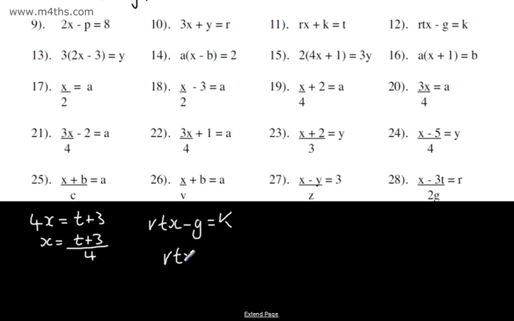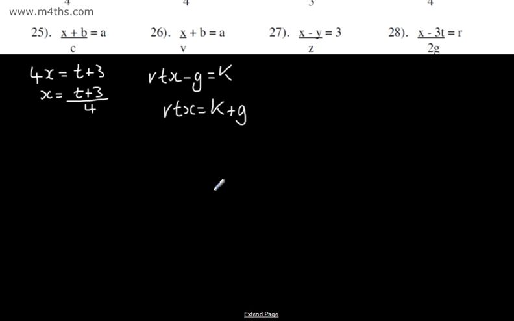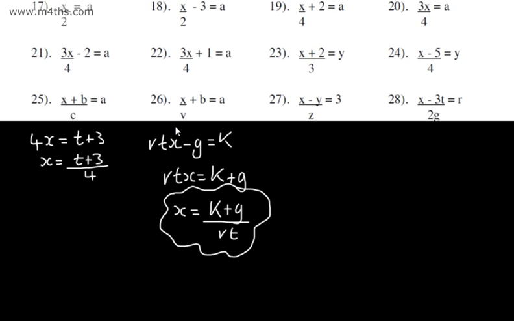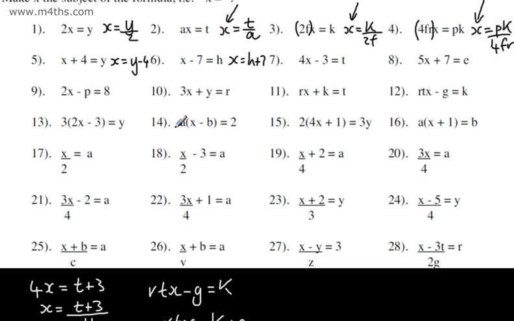So rtx will be equal to g plus k, or k plus g. I'm now going to make x the subject by dividing both sides of the equation by rt. So that gives us that k plus g divided by rt is equal to x.